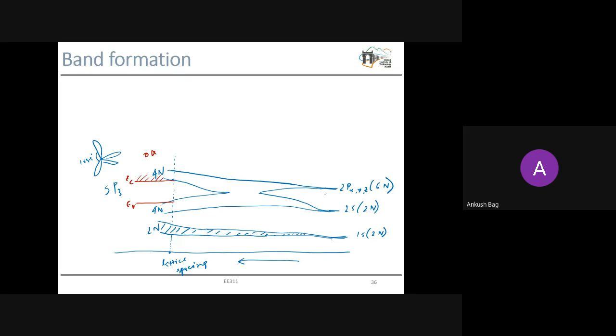At 0 Kelvin this band will be completely empty of carriers or electrons, and this will be completely full. This is how the bands behave, and in our device problems in the coming module we'll only discuss this conduction band and the valence band.